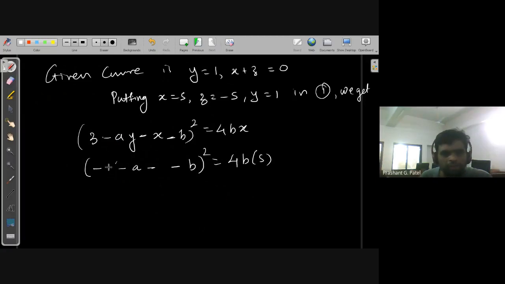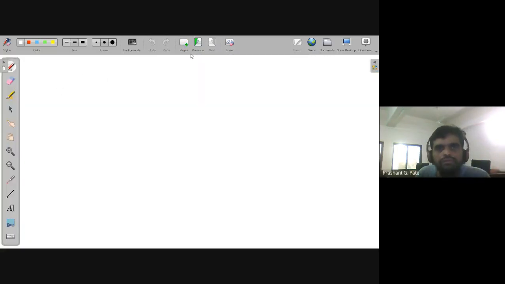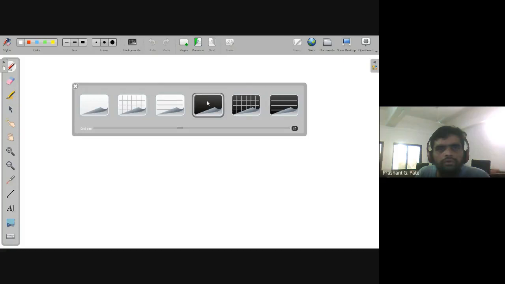So finally, we will have here, taking minus common, 2s plus a plus b whole square is equal to 4bs. Now we have to eliminate s from this and its differentiation. So on differentiating, something goes wrong.